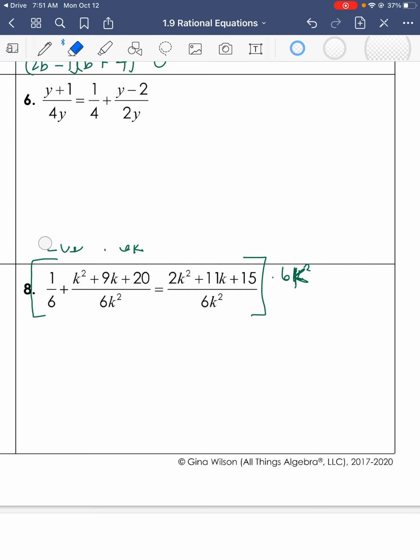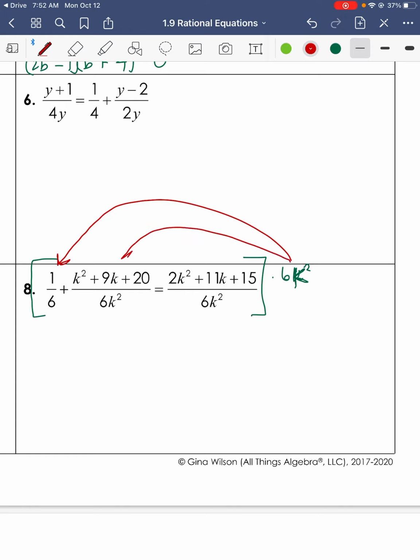So when we multiply the entire equation by this, it's the same thing as distributing. So we're going to multiply the 1/6 by 6k squared. We're going to multiply this term by 6k squared and also this term. So what's going to end up happening is the 6k squared is going to cancel out of these denominators, and then it will cancel out the 6 here, but you'll be left with a k squared term.